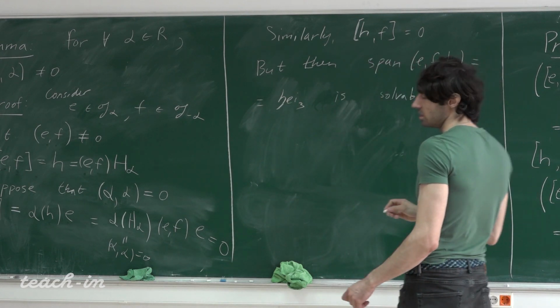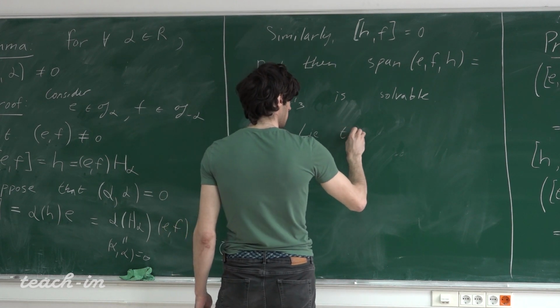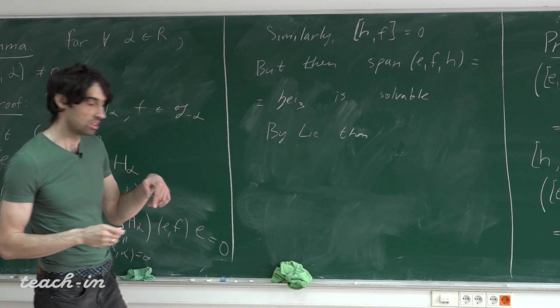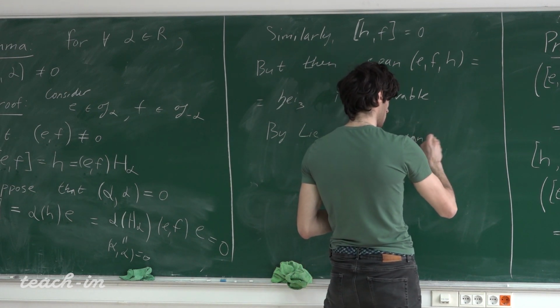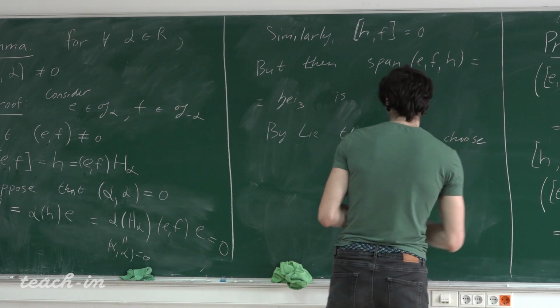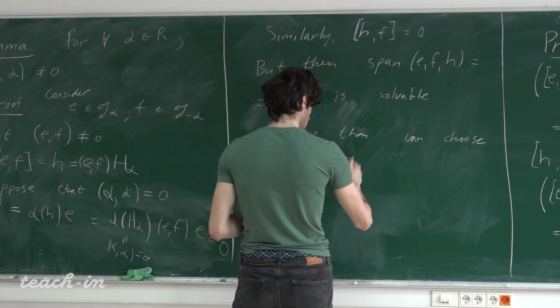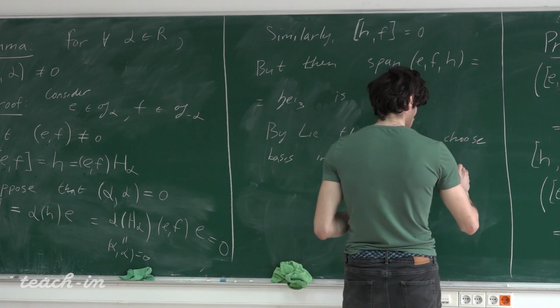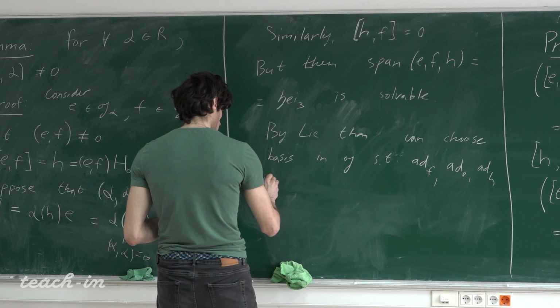So then by Lie's theorem, we can choose a basis in G such that ad F, ad E, and ad H are upper triangular.